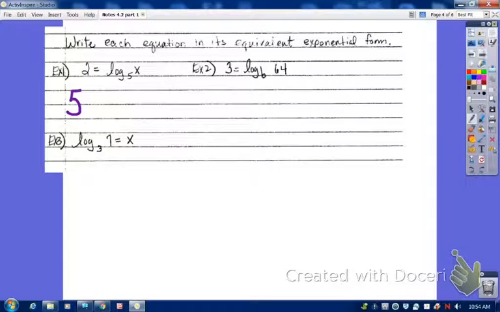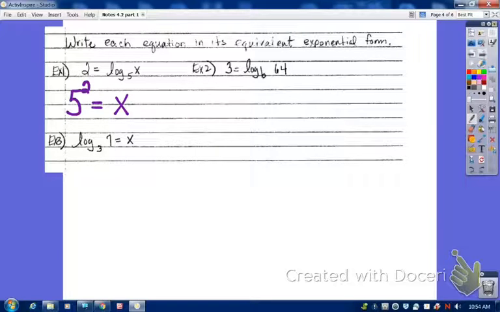Logs are always equal to exponents, so your base is 5, your exponent is 2, and that only leaves one term left, which is your x. So if we rewrote 2 equals log base 5 of x in exponential form, it would be 5 to the second equals x, or x equals 5 to the second. You're not solving here. They're just reminding you how you go from log to exponential form. We're just changing languages here.